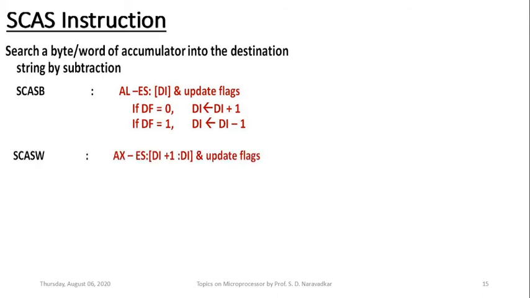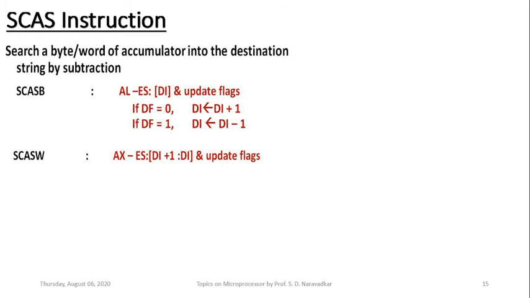Then the next variation is scan string word. The word to be searched will be taken into the AX register, minus the destination word which is to be taken from two offset locations from the extra segment. So extra segment inside square brackets, two offset locations are defined, DI and DI plus 1.